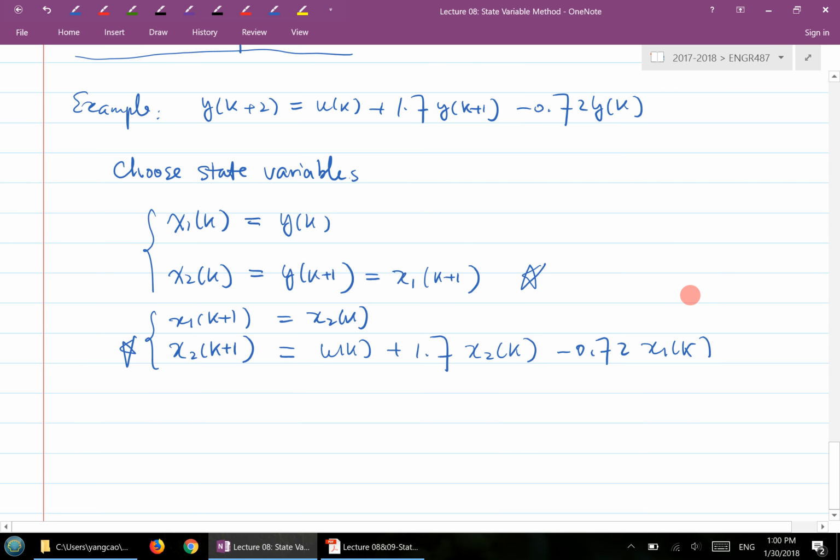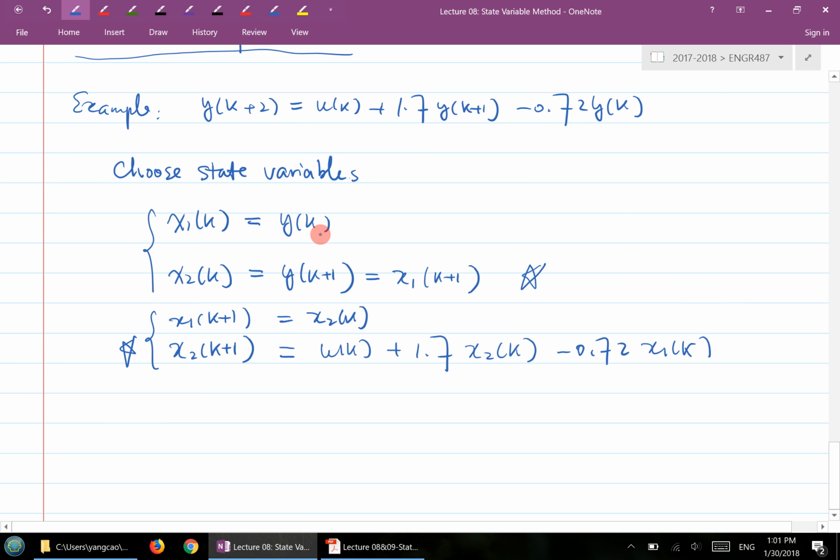Quick question: how are those two different states if it's the same? They're both representing y of k, just one's at a later sample time. Why are those two different states, not just the same state? Yes, this is a difference equation. You might think this is a little difference, but they're completely different things. One is y of k, and the other is y of k plus 1.